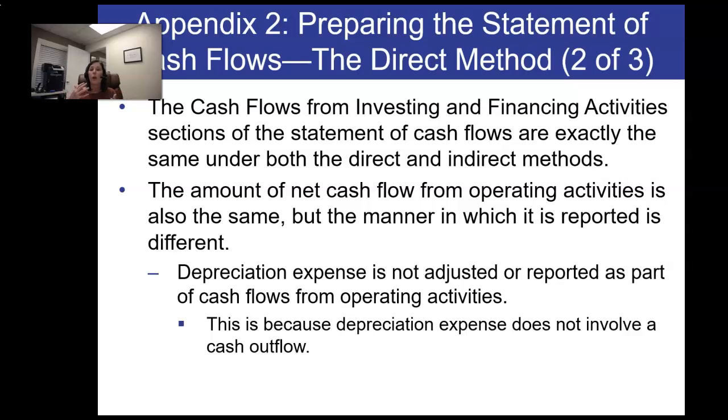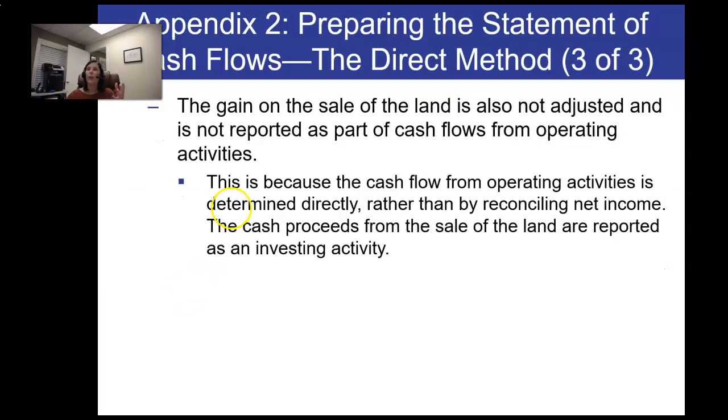We are going to predominantly use the income statement for the preparation of the direct method, but we are not going to adjust for depreciation using the direct method. Similarly, we are also not going to adjust for the gain or loss on the sale of land.